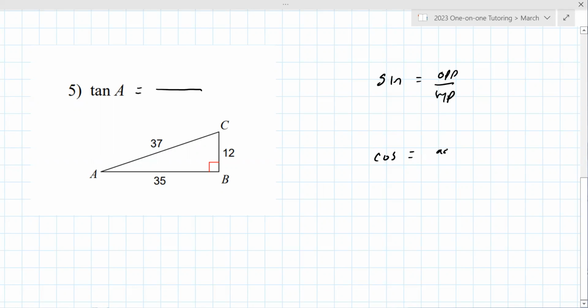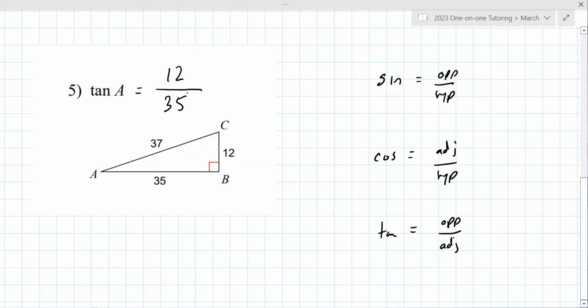Cosine is the adjacent over the hypotenuse, and tangent is the opposite over the adjacent. Okay. Opposite over adjacent. Opposite is 12. I mean, no, 12 over 35.